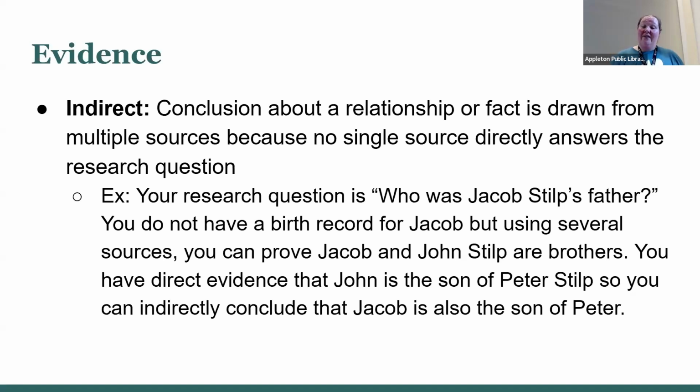So I have direct evidence that John is a son of Peter Stilp. And then I can indirectly conclude that Jacob is also a son of Peter because I can prove through multiple sources that Jacob and John are siblings. So if Jacob's father is the same as John's father, that gives me indirect evidence of who his parents are. Does that make sense?